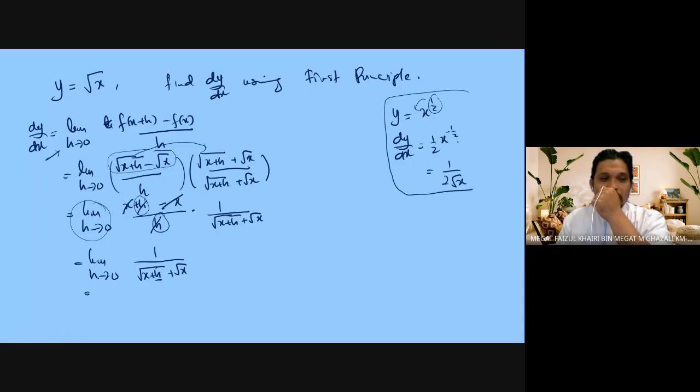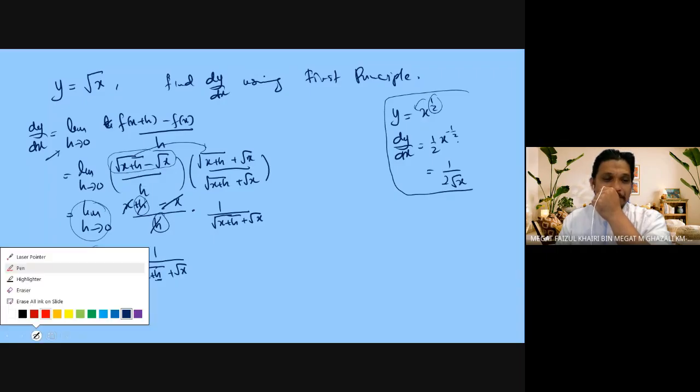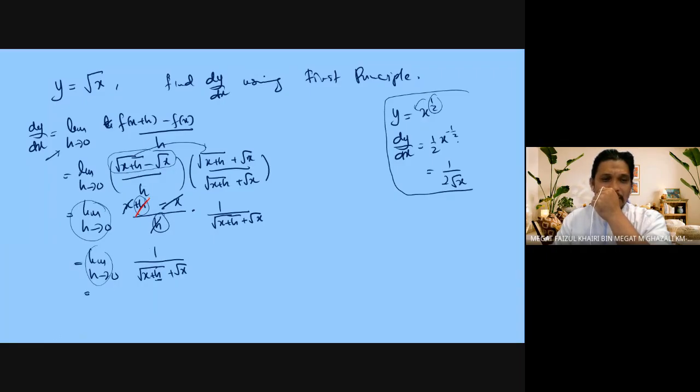Once we use this instruction, limit h approaching 0, we substitute h with 0 here. Finally, once we use the instruction, we don't need to rewrite this again. Simply come up with square root of x plus square root of x. So 1 over square root of x plus square root of x, it gives you 1 over 2 square root of x.